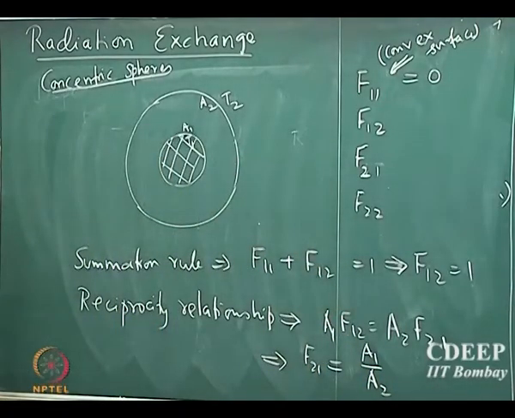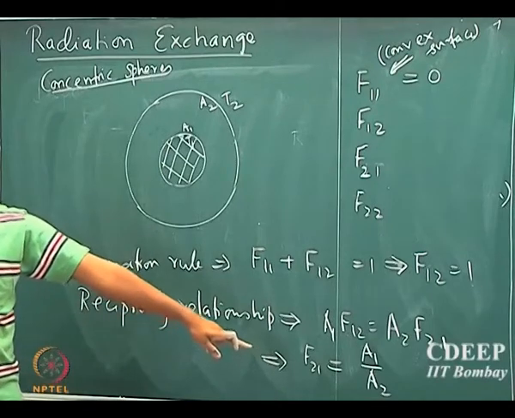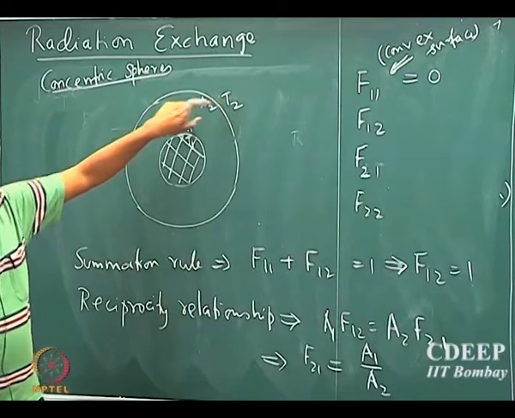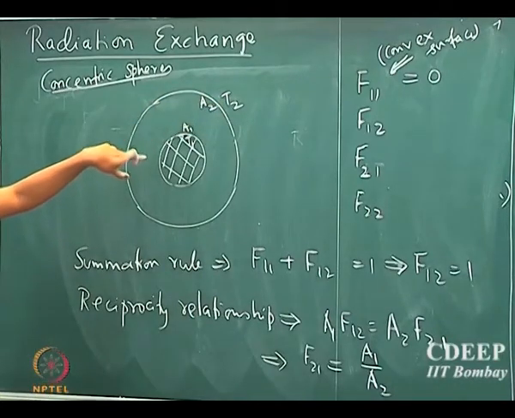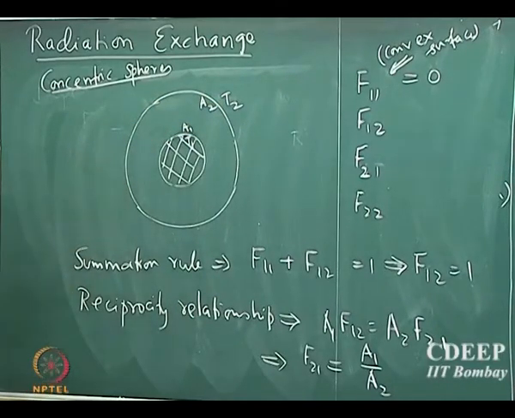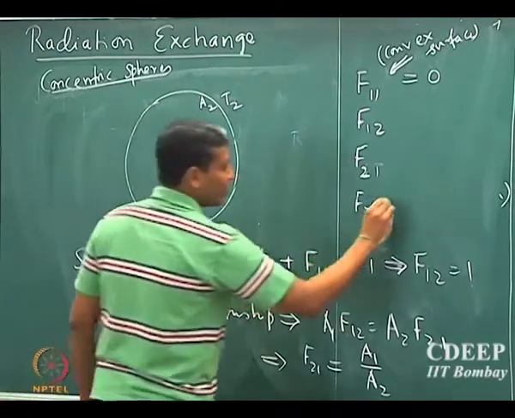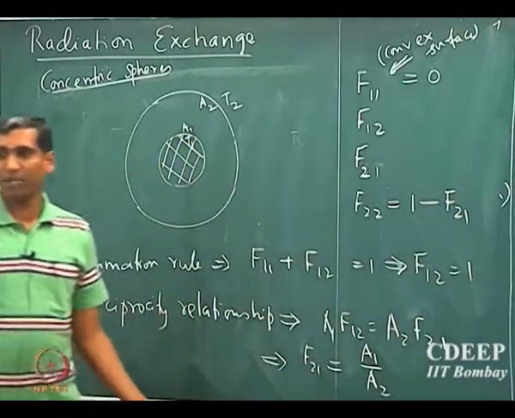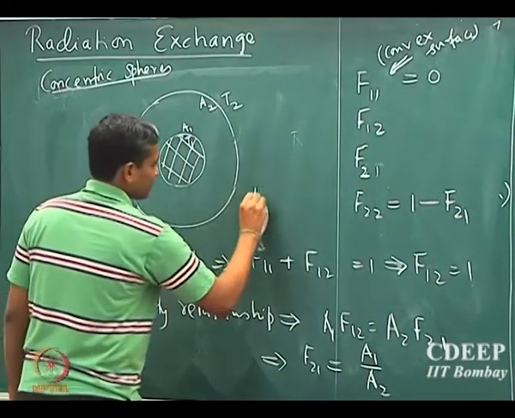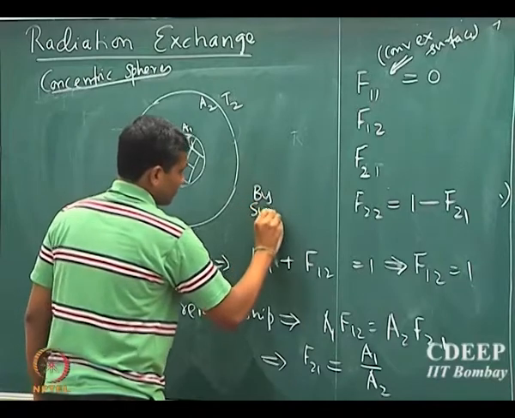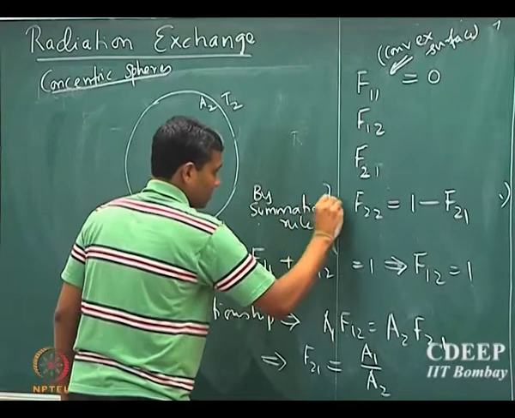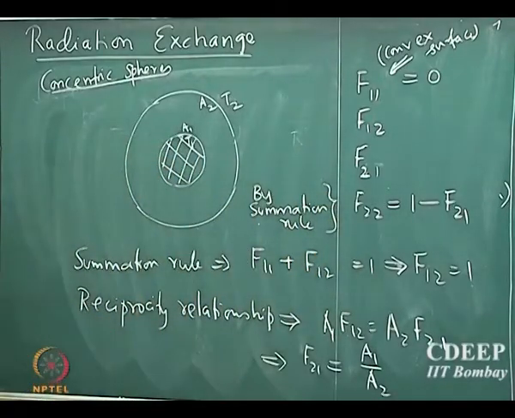So that tells you what F21 is, the view factor of emission radiated from surface 2 and intercepted by surface 1. What about F22? F22 is nothing but 1 minus F21, simply by the summation rule.